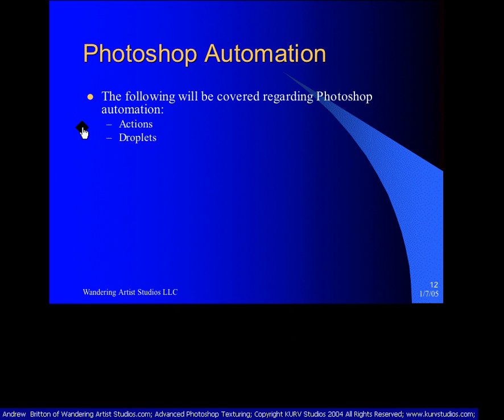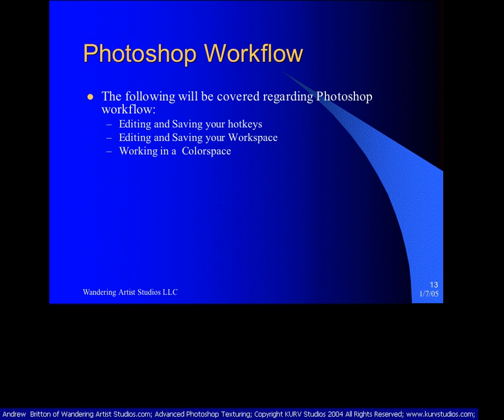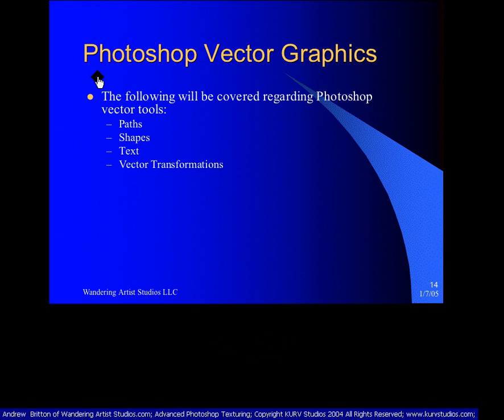For Photoshop automation, this DVD will be talking about actions and droplets. And Photoshop workflow: editing and saving your hotkeys, editing and saving your workspace, and then working in a color space. And then in the Photoshop vector graphics, we'll be talking about paths, shapes, text, and vector transformations.